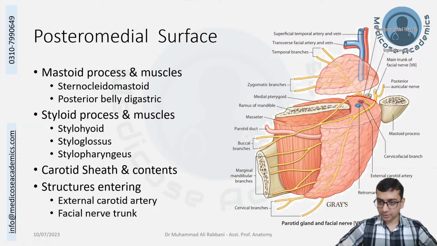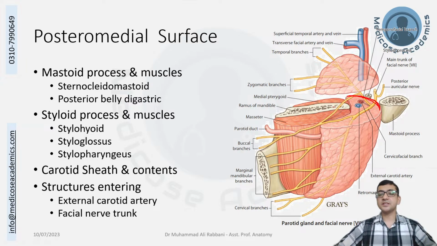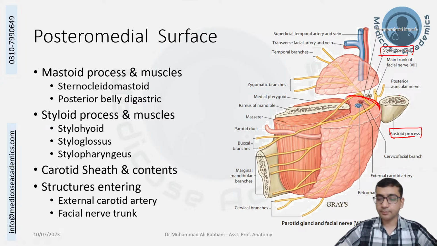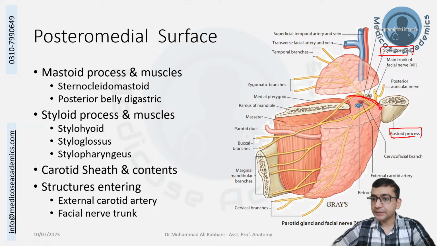Posteromedial surface, now we are talking about this. The easy way to remember is to remember the bones. Here is one bone, the mastoid process. Here is a second bone, the styloid process. So the easy way is to remember the mastoid process with its attached muscles and the styloid process with its attached muscles. The mastoid process gives attachment to two muscles that we studied in the first lecture of the neck: the large strap-like sternocleidomastoid, and the digastric muscle going up to the mandible.